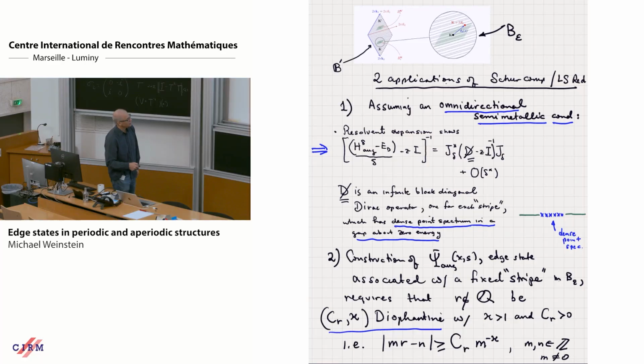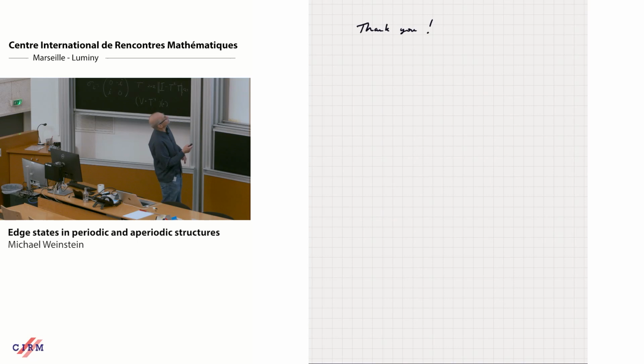So with this additional condition, you can make that second Lyapunov-Schmidt reduction to the single stripe and conclude. And that will be the topic of Pierre's talk. So, thank you.